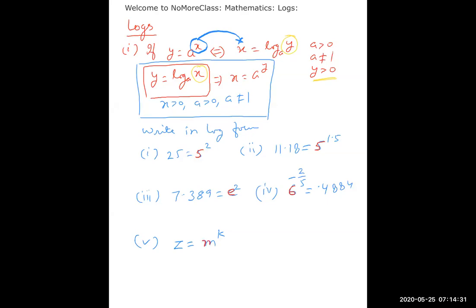So base will remain base. Input I'm making with the green color. So 2. This is 1.5. This is square. This is minus 2 upon 5. And this is k.